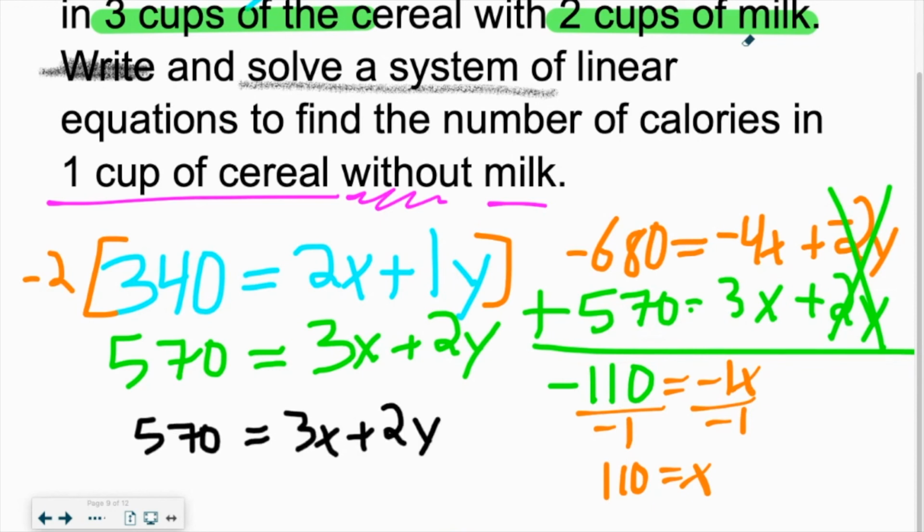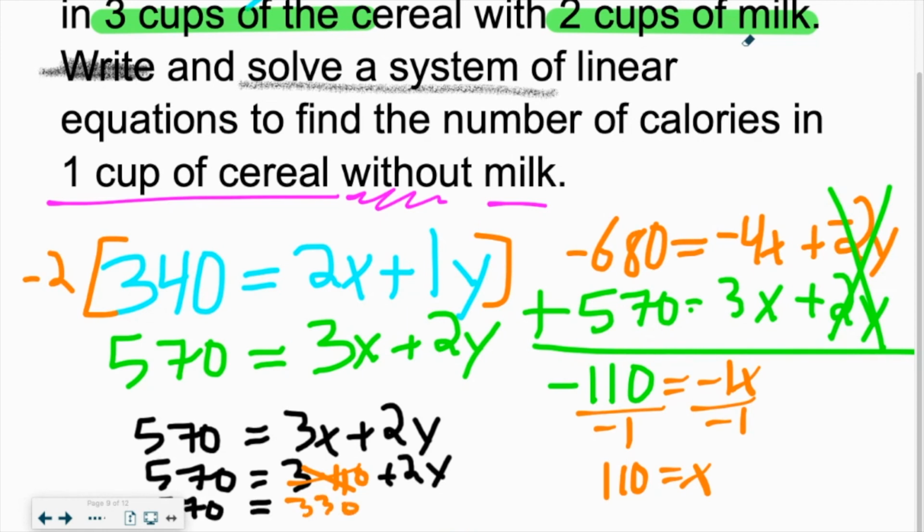You can do that. So again, 570 equals 3x, so that's times 110, plus 2y. I'll rewrite this so we can see it nicely here. Otherwise, there is that way in class I talk about how you could show this step of work and move on quickly here.